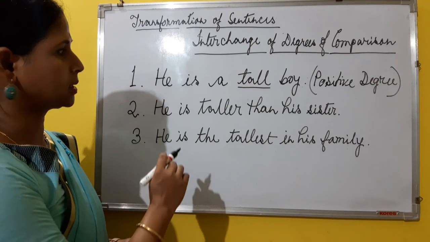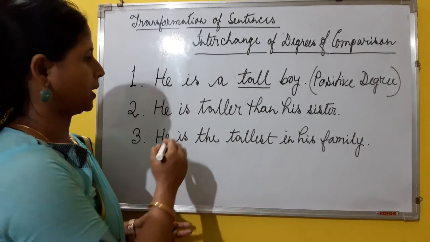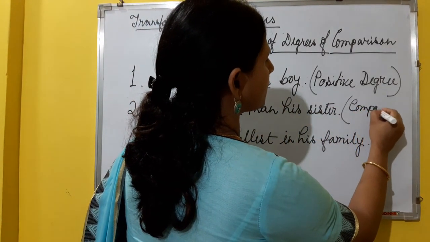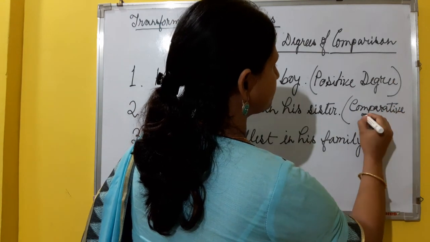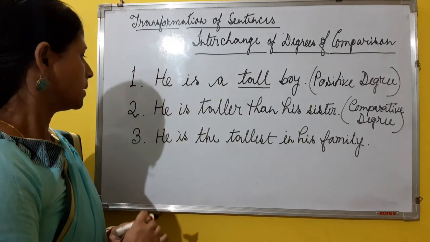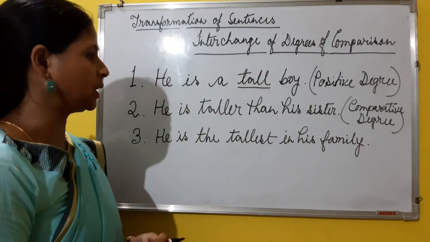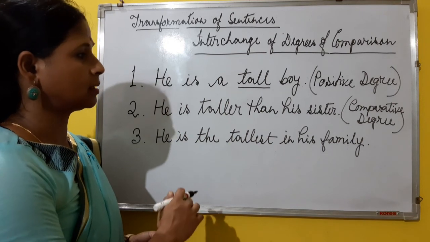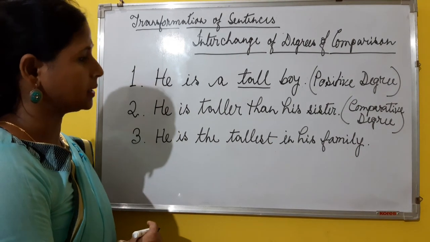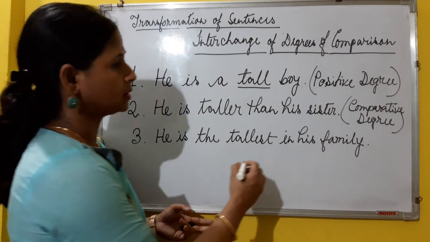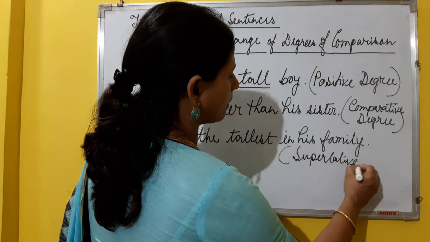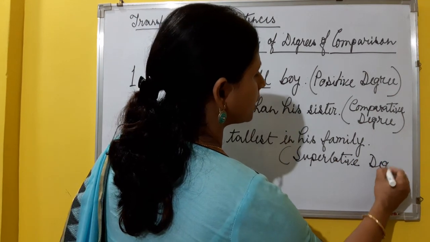That means it is a comparison between two. And then the sentence is said to be in comparative degree. And in the third sentence, the boy's height is said to be the greatest in a group or in a set, and such a sentence is said to be in the superlative degree form.